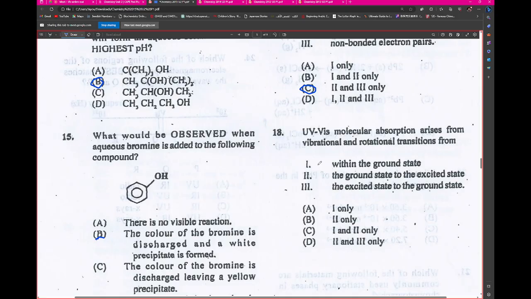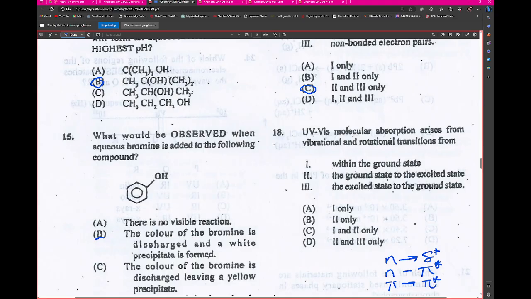When we talk, what are the transitions that we're talking about? n to sigma star, n to pi star, and pi to pi star.